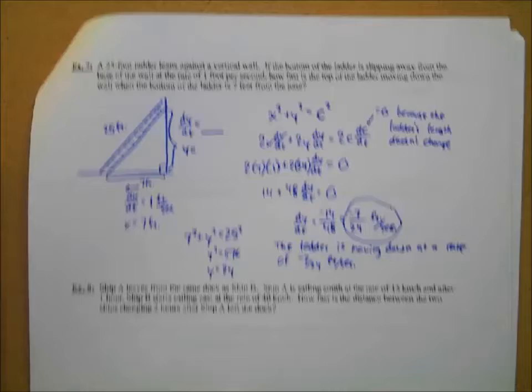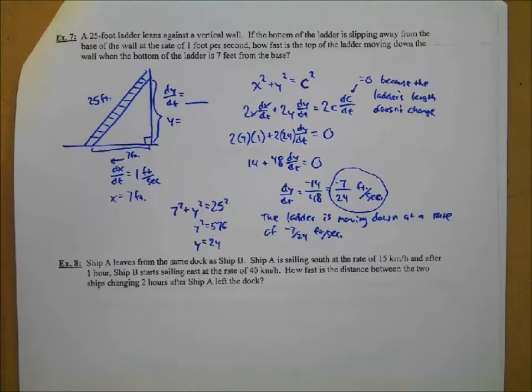I don't think this is a great way to write this sentence because you're saying it's moving down at a negative rate. It's like a double negative, so it really would make some people think, like, it's like saying you're moving left with a velocity of negative 7 meters per second or something like that. Is that a double negative and I'm really supposed to think it's moving to the right, or did you really mean it's moving left at the rate of negative 7/24 feet per second? So it's kind of weird there.